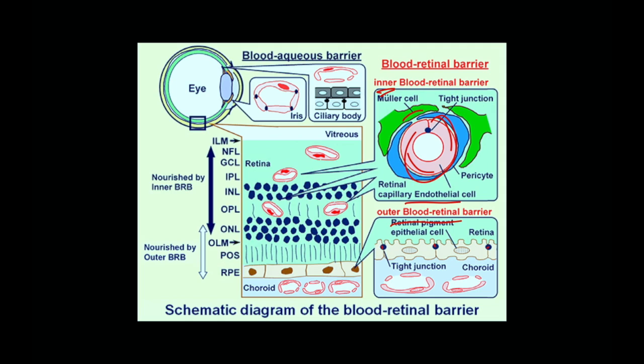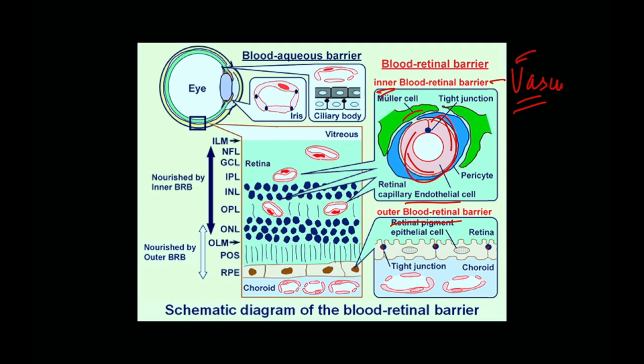So these tight junctions form a barrier which will limit the movement of the fluids, electrolytes and other substances in and out of the retinal capillary cells. So the inner blood retinal barrier is vascular.